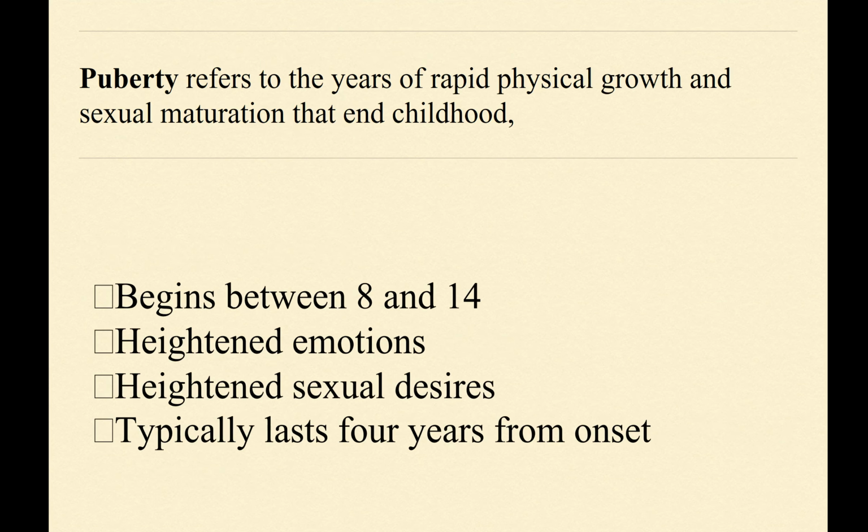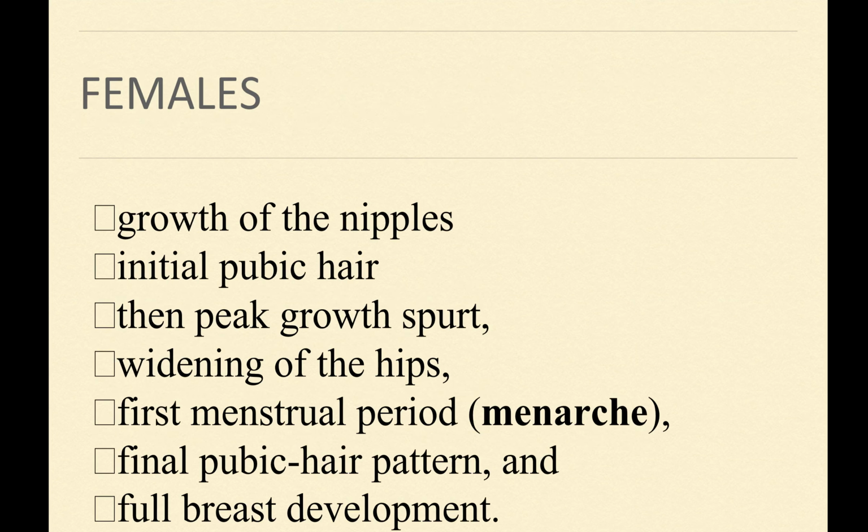All right, so puberty, again, between 11 and 14, typically there are heightened emotions in both males and females, heightened sexual desires, and puberty usually lasts about 4 years, give or take. It can be a little bit less, it can be a little bit more. In females, the typical pubescent physical changes are going to be nipple growth, pubic hair growth, a growth spurt, physical overall, widening of the hips, menarche, and full breast development.